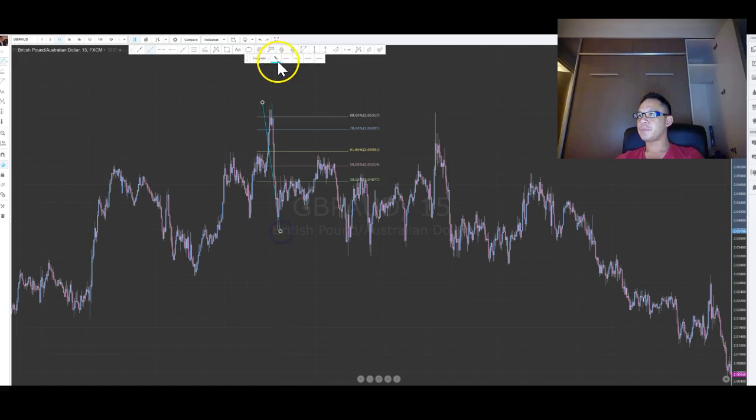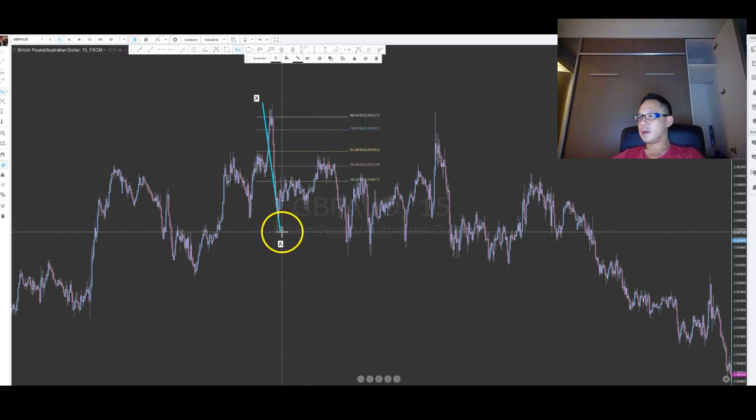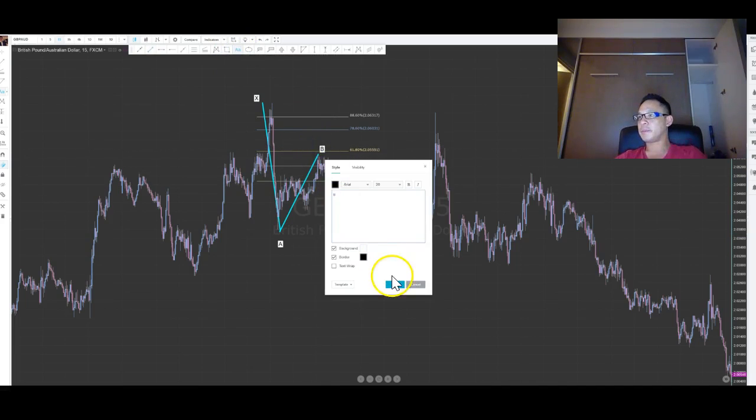So I've got my initial impulse leg, your X to A. That's been identified. Then I've identified the retracement being at least a 38.2, but it doesn't even go beyond the 61.8. So that's the second one, your A to B leg.